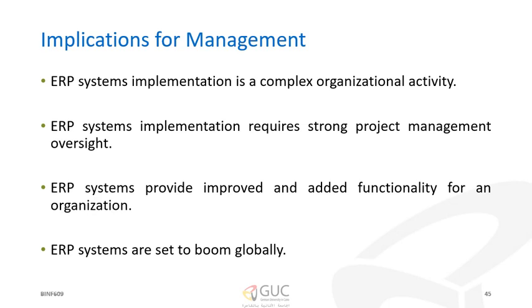ERP systems provide improved and added functionality for an organization, where it creates an advantage by strategically cutting costs, increasing profit margins, and growing the enterprise. Integrated business processes and data also provide for improved strategic reporting for planning and decision making.